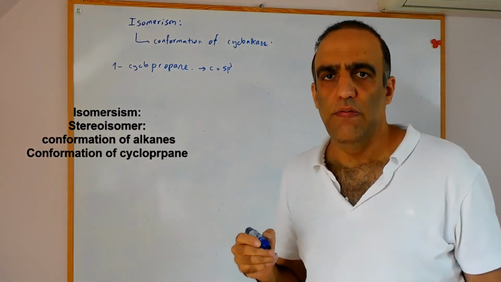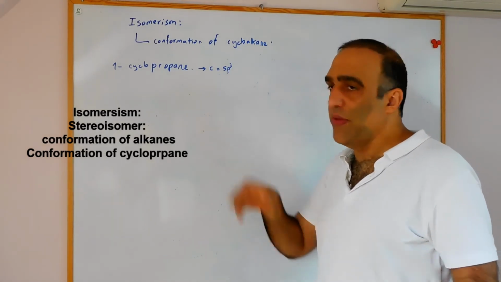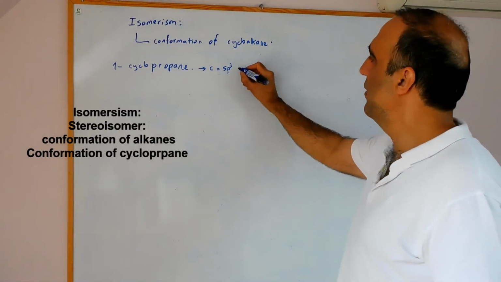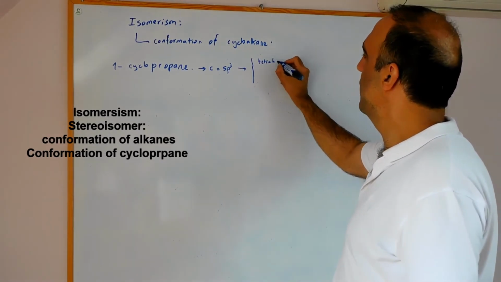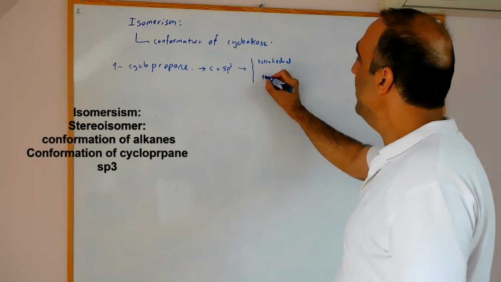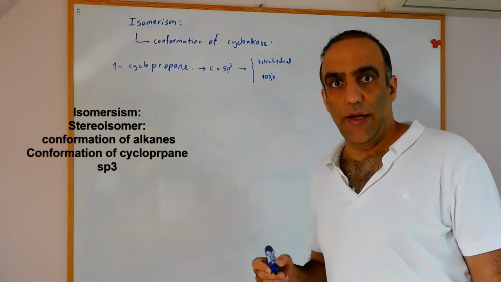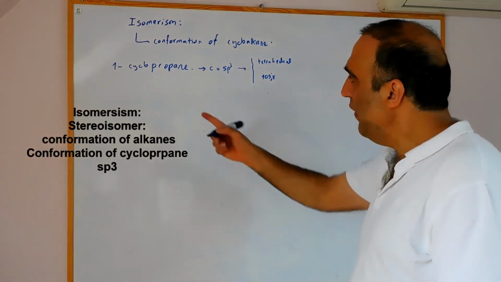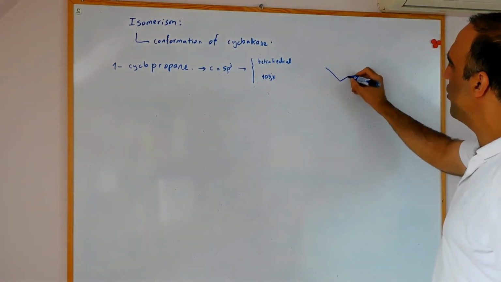We studied in the last lecture that sp3 must have a tetrahedral geometrical shape and a 109.5 angle. But if I draw the cyclopropane here, it will be like this shape.